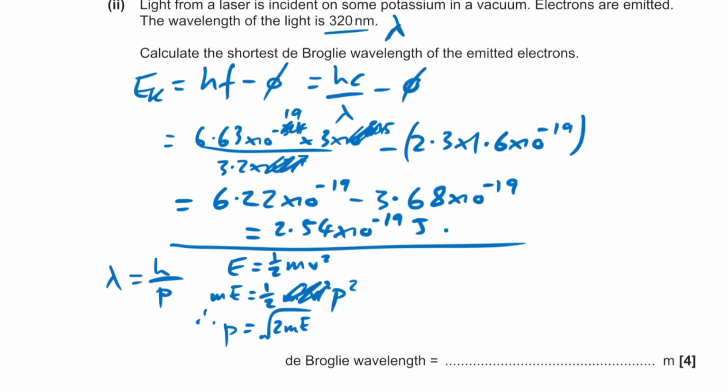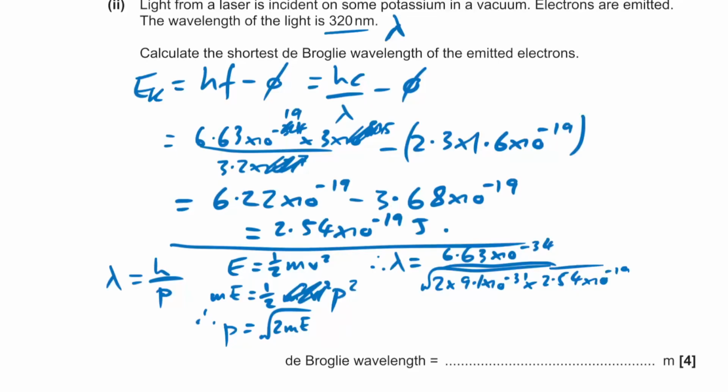Okay, so therefore we can say that wavelength is equal to h, so 6.63 times 10 to the minus 34, over the square root of 2 times the mass of the electron, 9.1 times 10 to the minus 31, times the energy that we calculated. There we go. A bit of a beastie question, this.